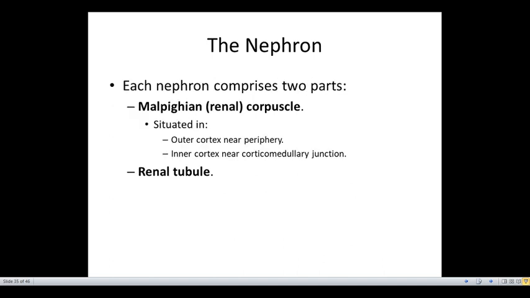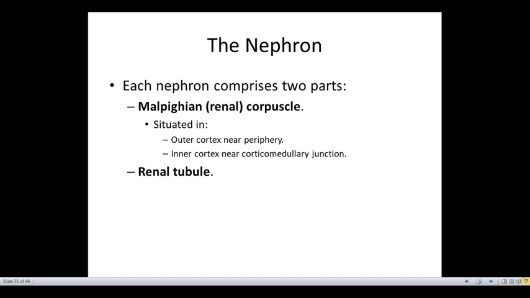Each nephron comprises two parts. Number one, the Malpighian or the renal corpuscle, which may be situated in the outer cortex near the periphery or in the inner cortex near the corticomedullary junction, and it is the location of the renal corpuscle which divides the nephrons into the two types which I mentioned in the last slide.